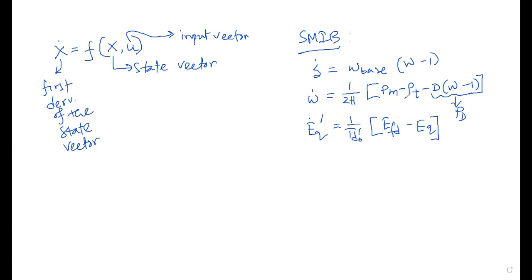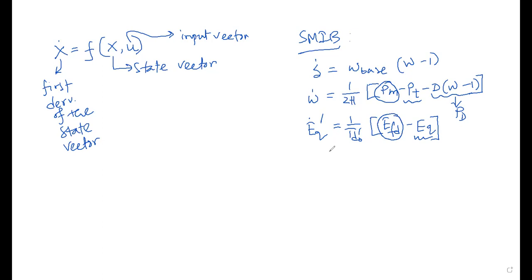So the algebraic variables were PT and EQ over here. The model had two inputs. The first input was the PM, the mechanical power input. And the second input was the excitation voltage, or some transformed form of excitation voltage, that is EFD, that is applied to the DC field.